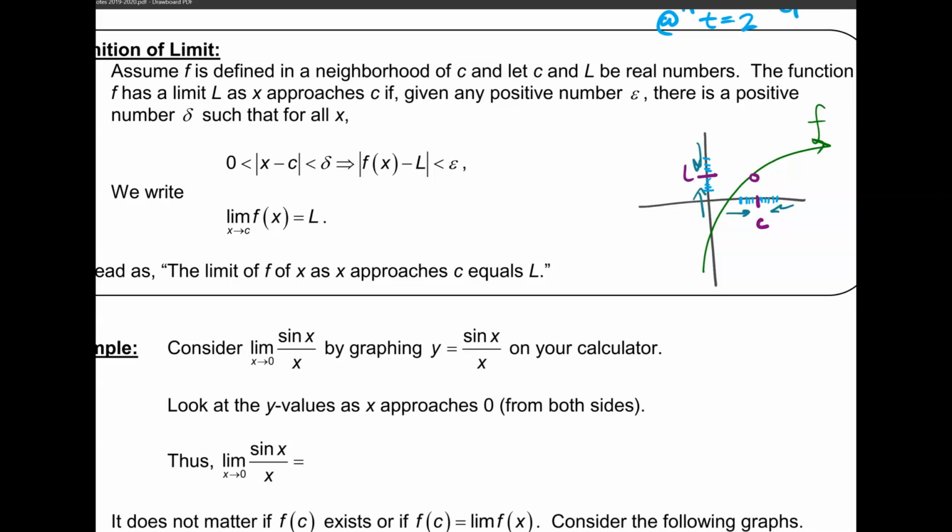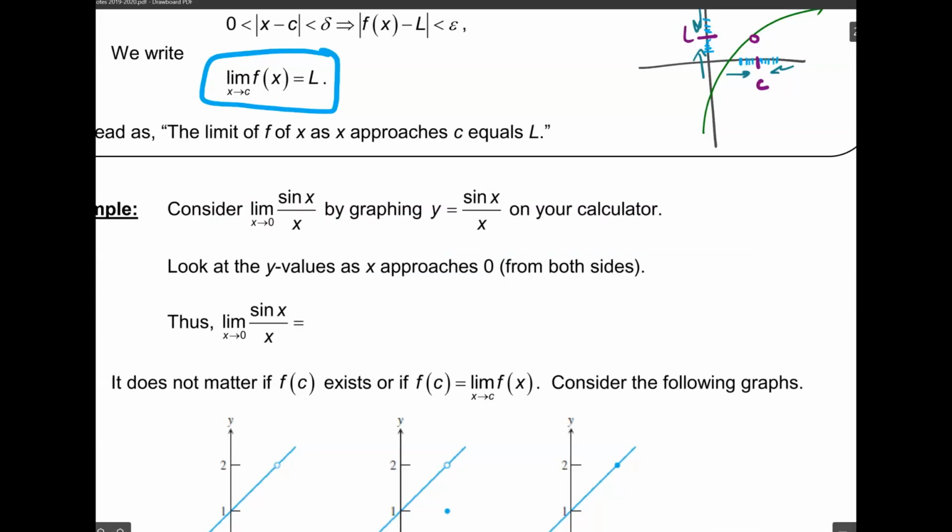If you want more information on that, look at your book, come to bonus. The main part I want you to understand: the limit as x approaches C equals L. As my x values get closer and closer to C, the y value gets closer and closer to the number I want, the limit, which is L.